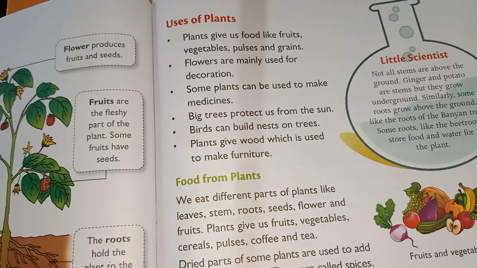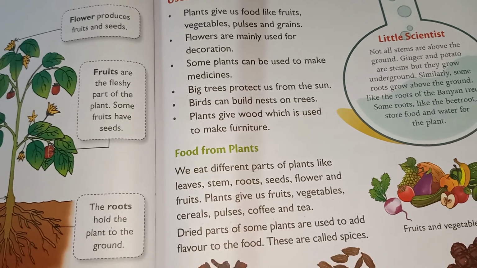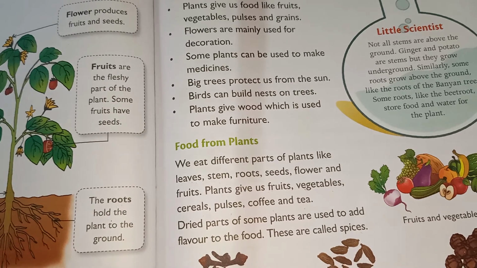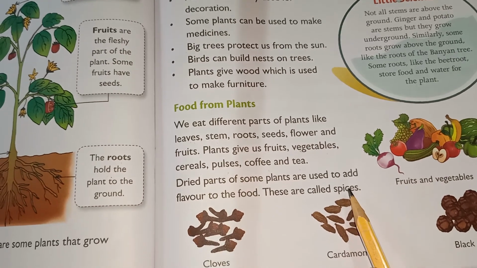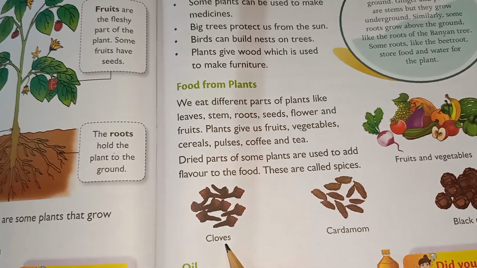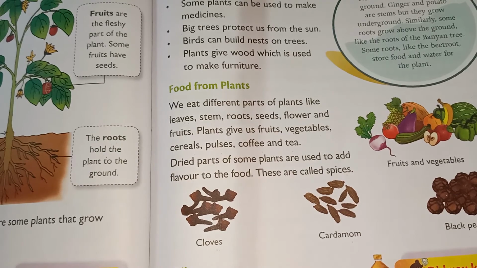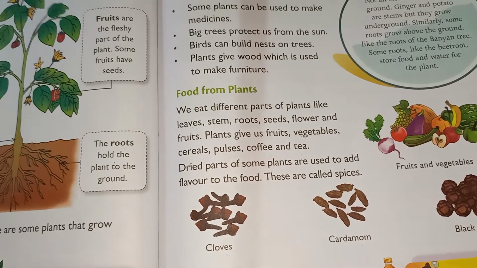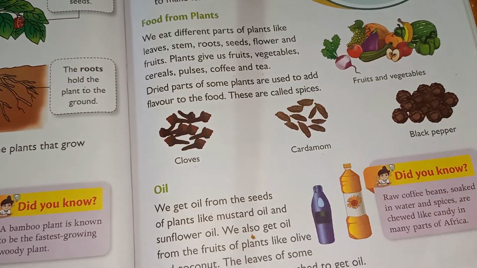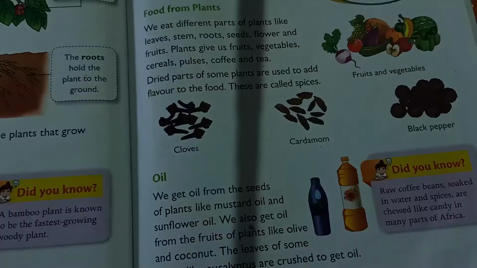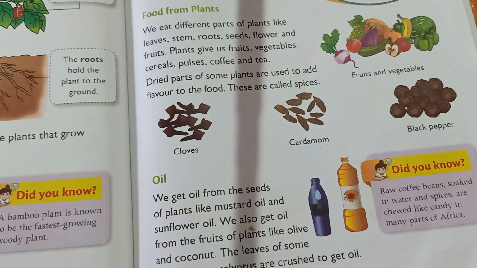We also sometimes use dried parts of some plants to add flavor to the food, and these dry parts of plant which add flavor to the food are called spices. Some examples of spices are cloves, cardamom, black pepper. We also get oil from plants. We get coconut oil from the coconut fruit.